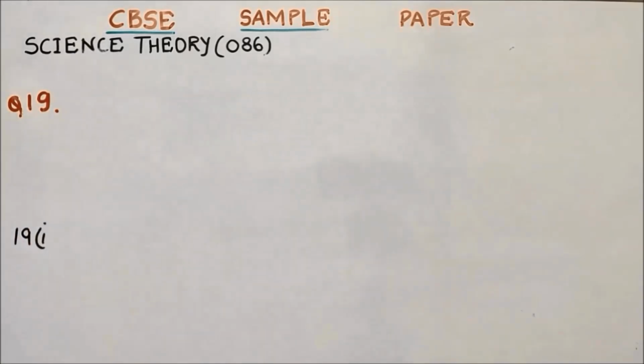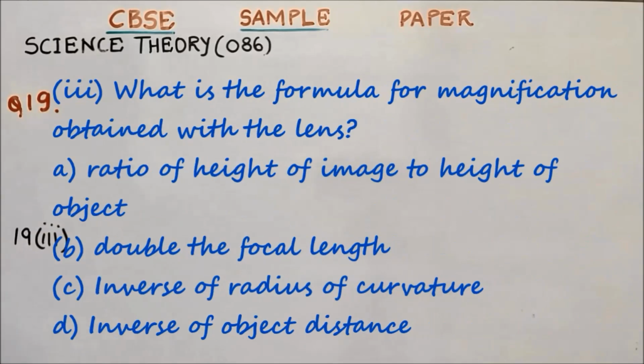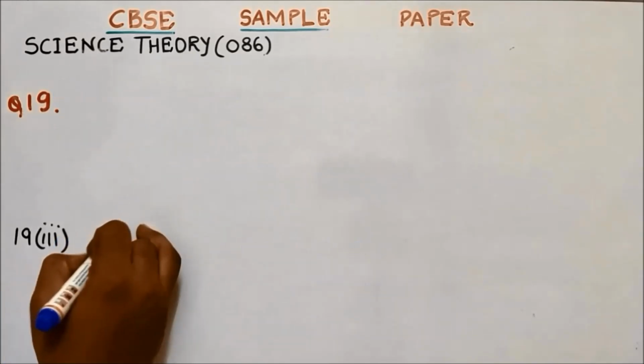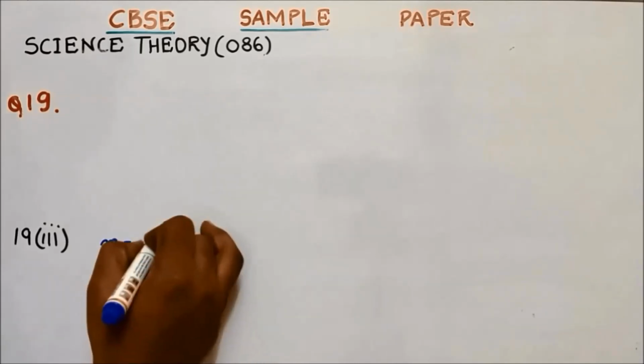19.3. What is the formula for magnification obtained with the lens? Okay, so he is asking the formula for magnification. Whether it is a lens or a mirror, if you are writing the magnification in terms of the object height and image height, magnification is always the image height by object height.